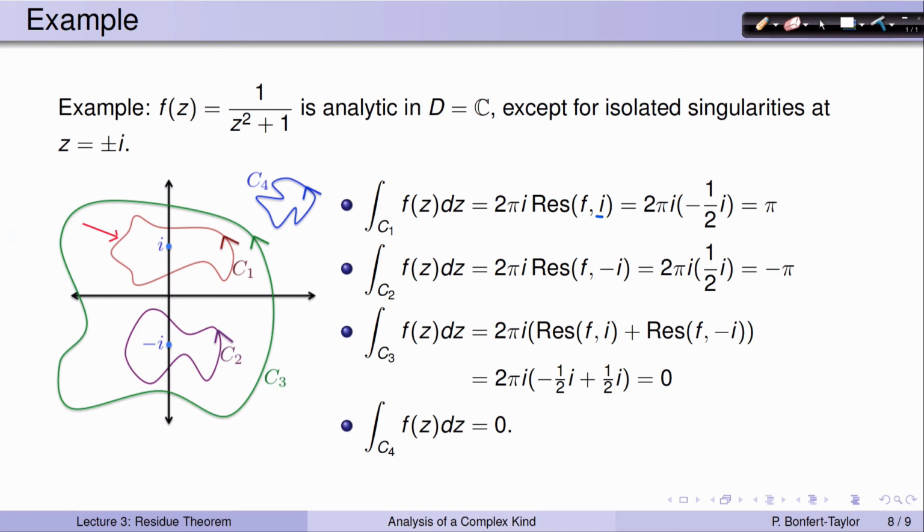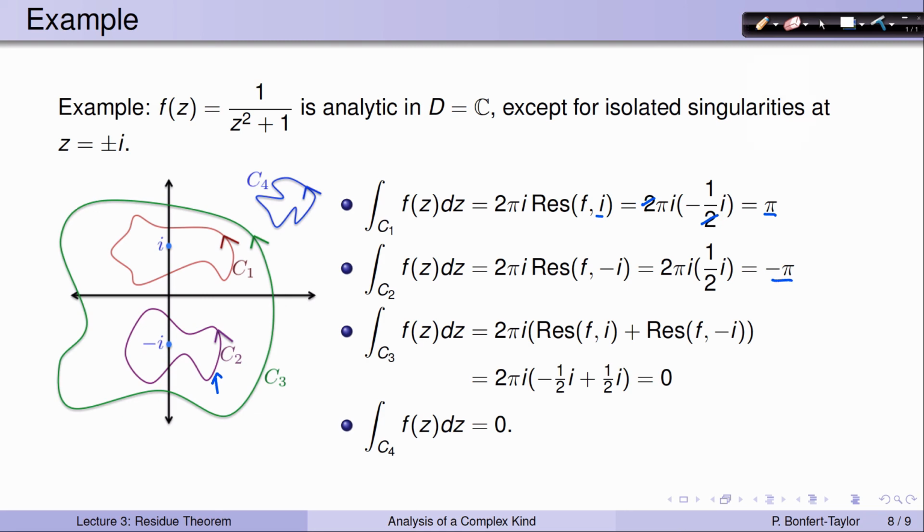So altogether, the 2's cancel out, the i's multiplied to -1 cancel out the other -1, so the integral is equal to π. If I use the curve C2 instead, then this curve C2 surrounds the point -i, and therefore I need to look at 2πi times the residue of f at -i, which we also found is 1/2 i, and I find the integral equals -π.